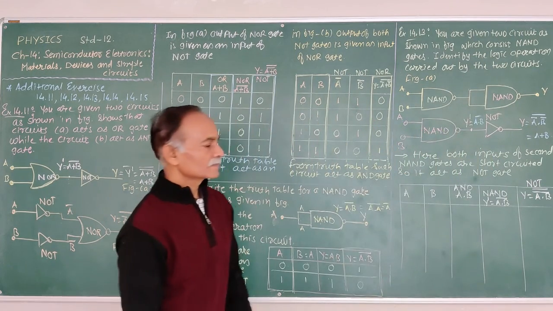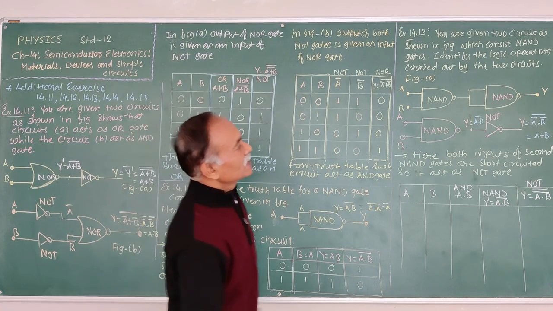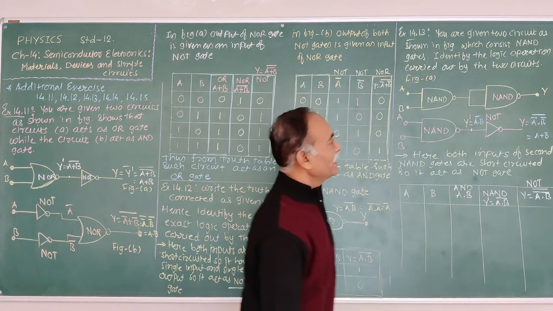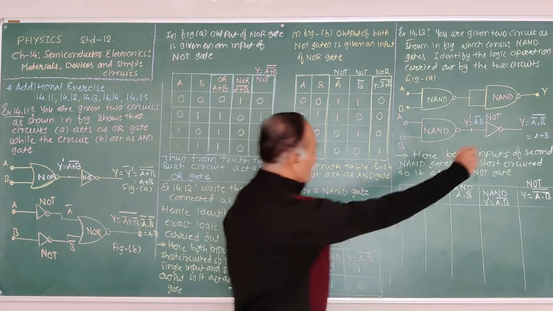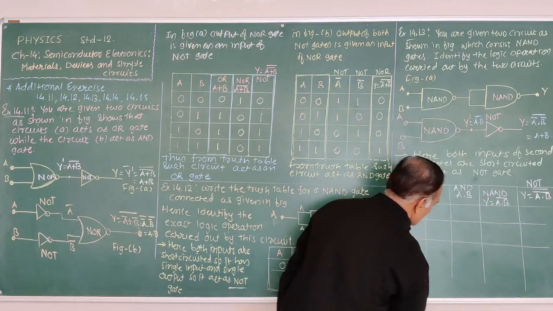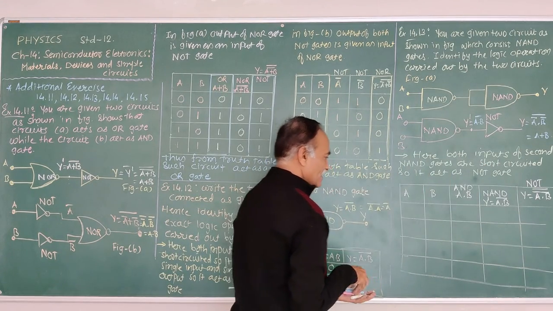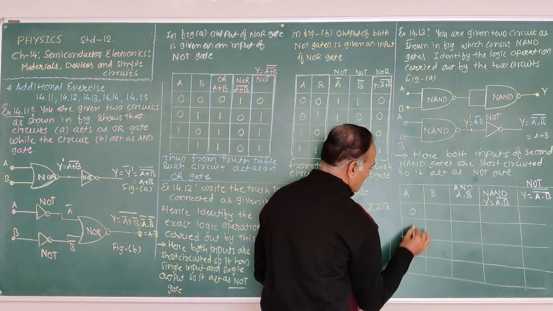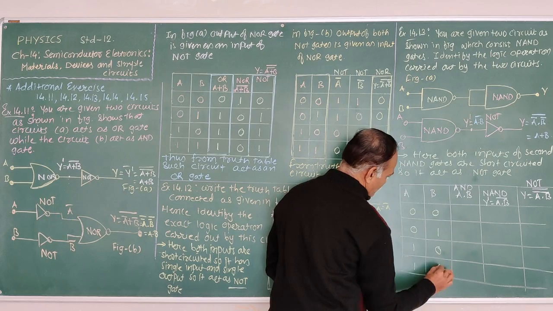So with the help of a truth table, we are going to prove the logic operation carried out by these two circuits. For the first, the two inputs of this circuit, we consider the inputs 0, 0, 1, 1, 0, 1, 0, 1.